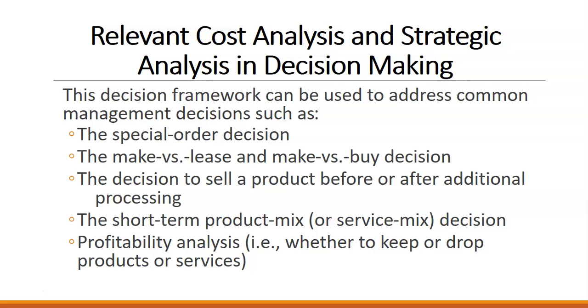The short-term product mix or service mix decision, so capacity constraints. If we have a capacity constraint, which product should we focus on? Then a profitability analysis, whether or not to keep or drop products or services because they're not currently making us money.